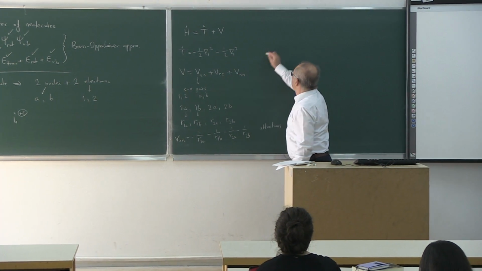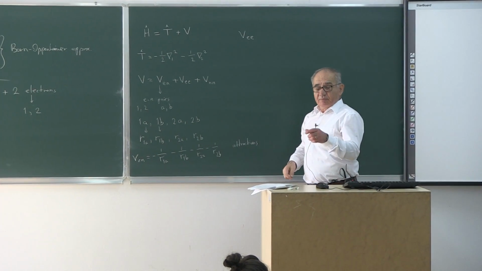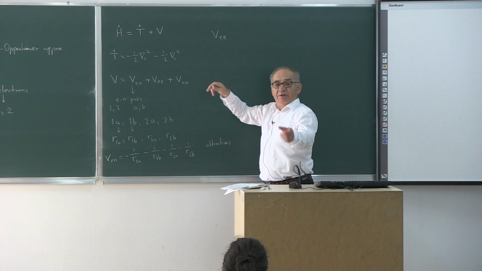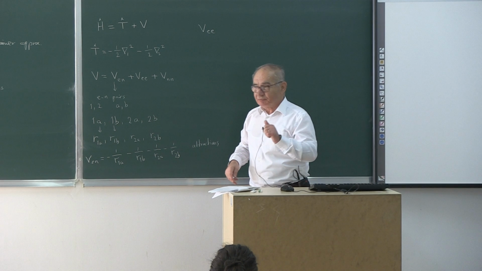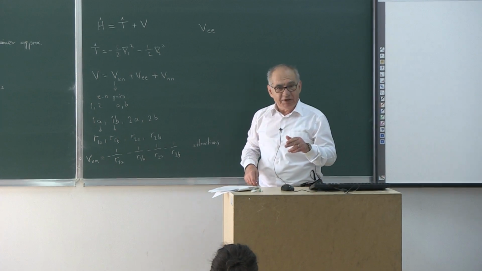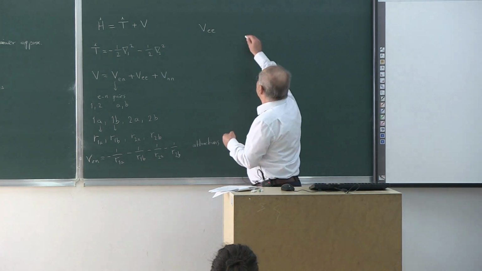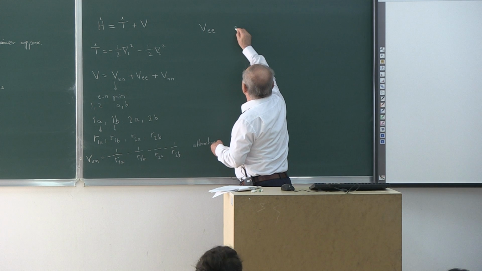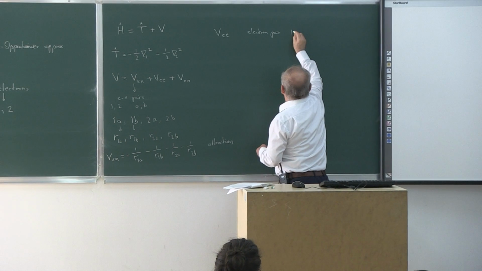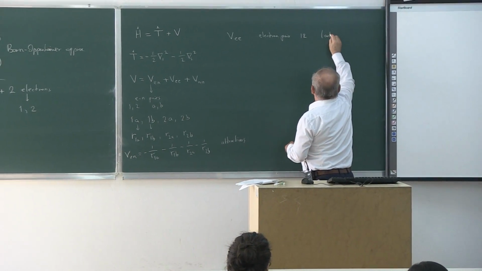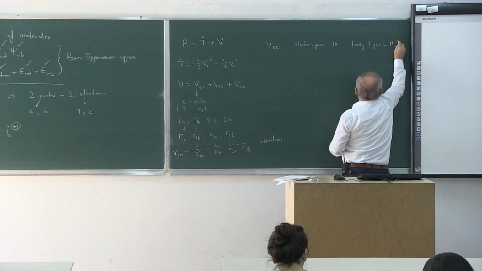When we come to this term here, electron-electron repulsions, it means contributions from electron pairs. How many electron pairs do we have here? Just one, because there are only 2 electrons. So, only 1 electron pair in H2.